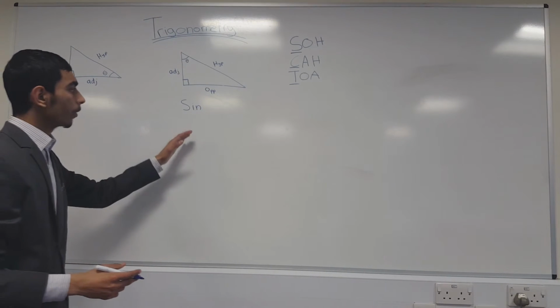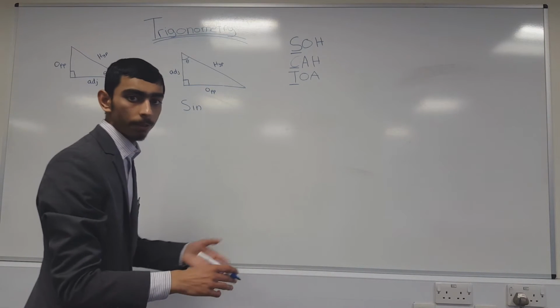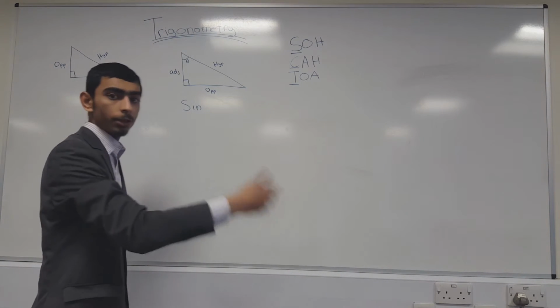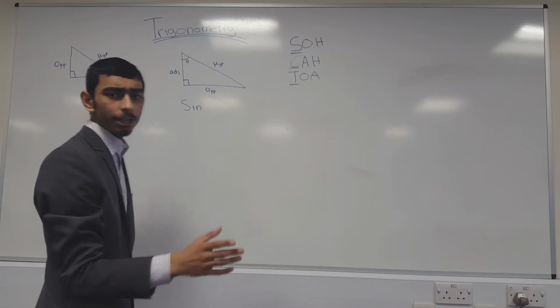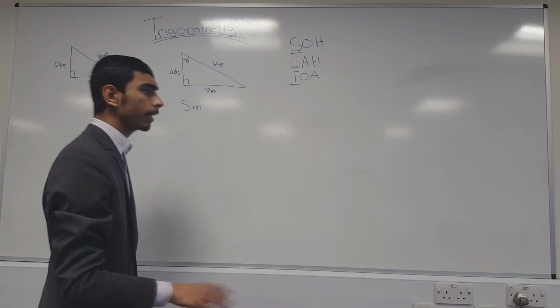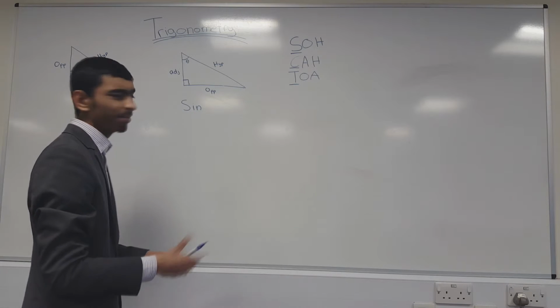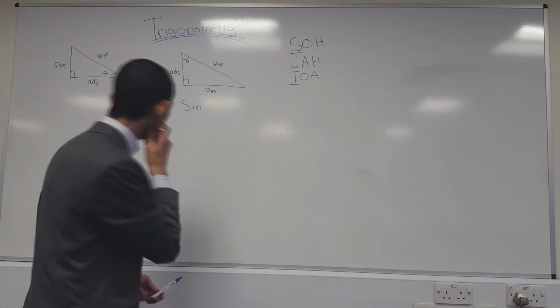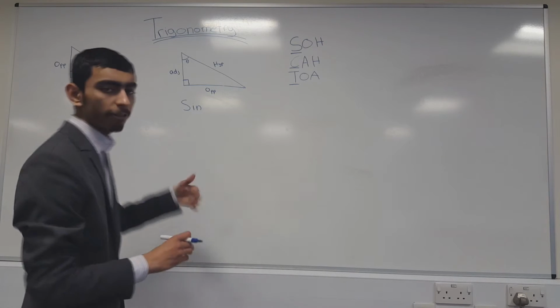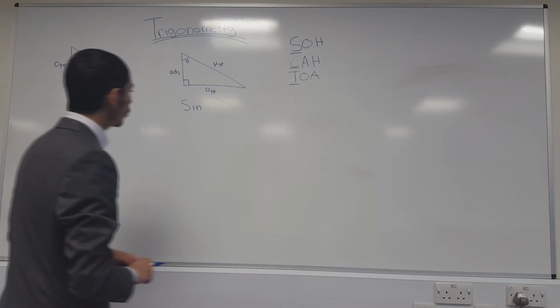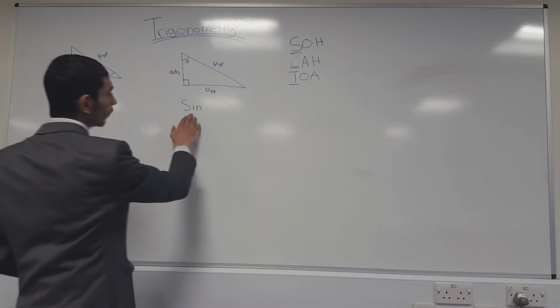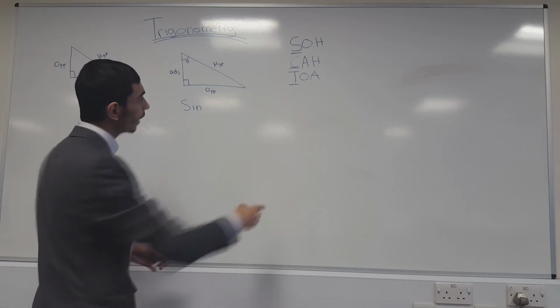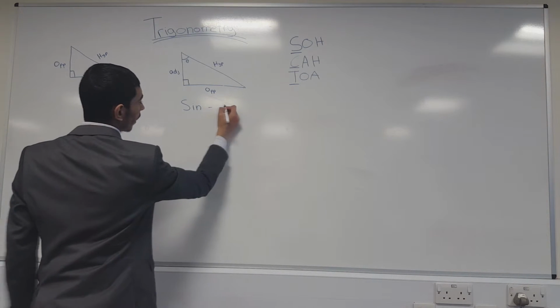When I say sine of something, I'm doing something to that number. You don't really need to know at GCSE what its actual purpose is. But anyway, sine is like a function. It does something to a number. So we just abbreviate that with S.